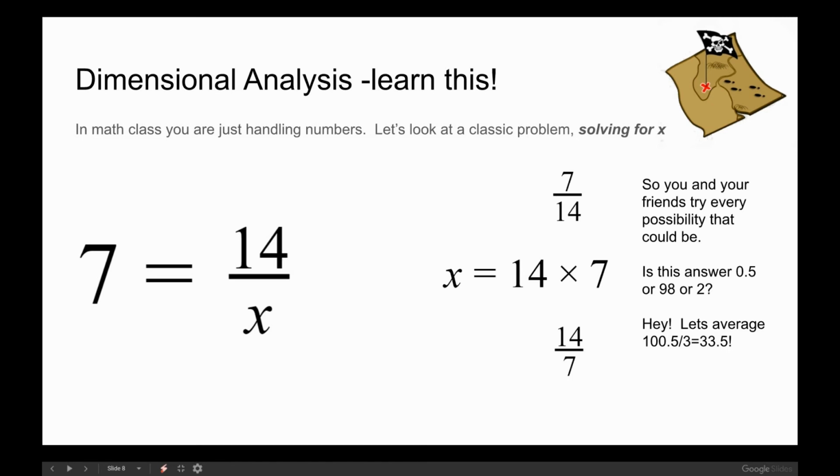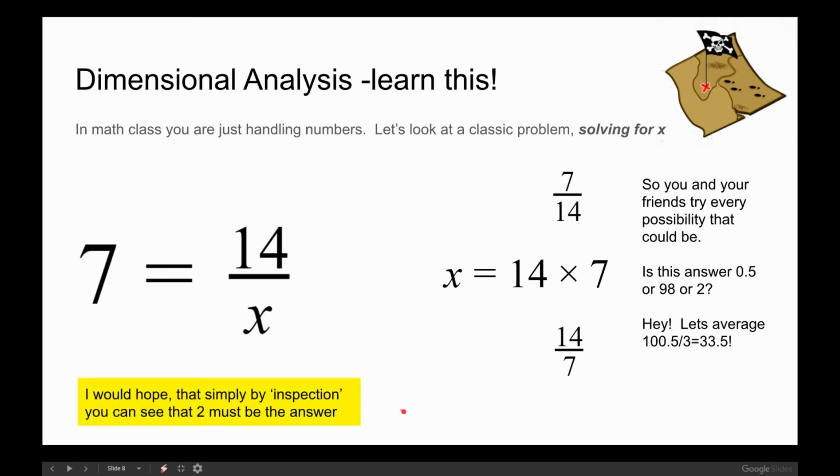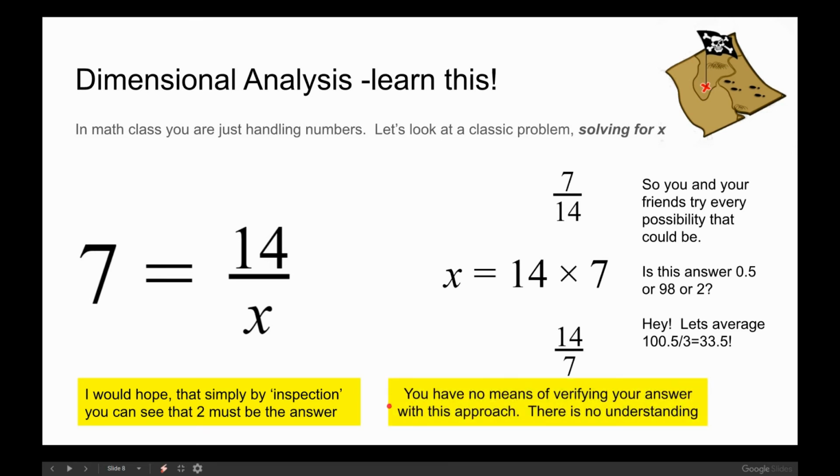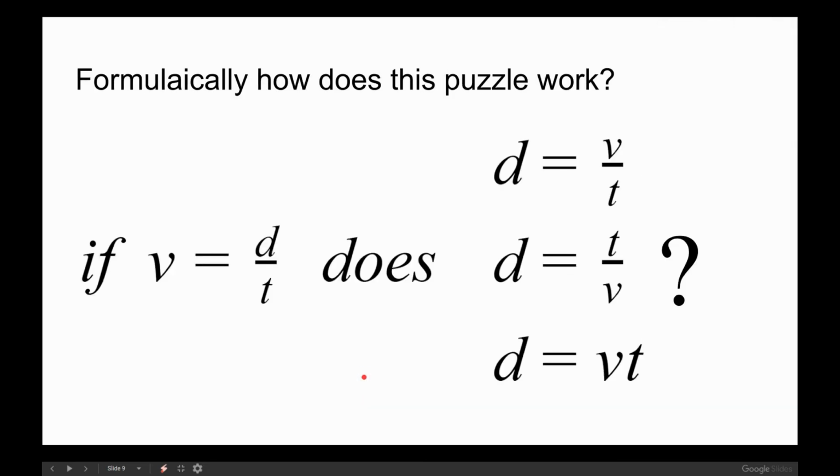You either know how to rearrange this mathematically or you don't. So I will see students just stabbing away at all possible variations. But let's take the example and turn it into physics. Right? In math, you can't possibly verify your answer. But in physics, something happens. If v equals d over t, does your arrangement lead you to which formula?